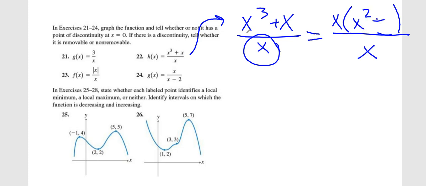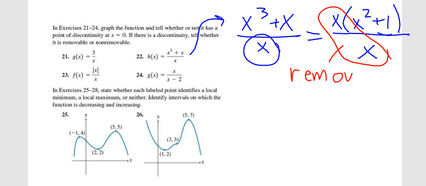X squared plus 1, right? And what do you notice? Those cancel, right? If you can remove the factor, what kind of situation is that creating? A removable discontinuity is appearing.